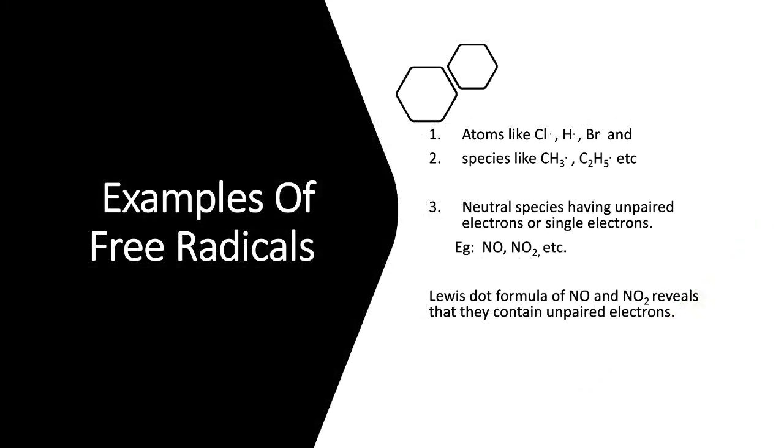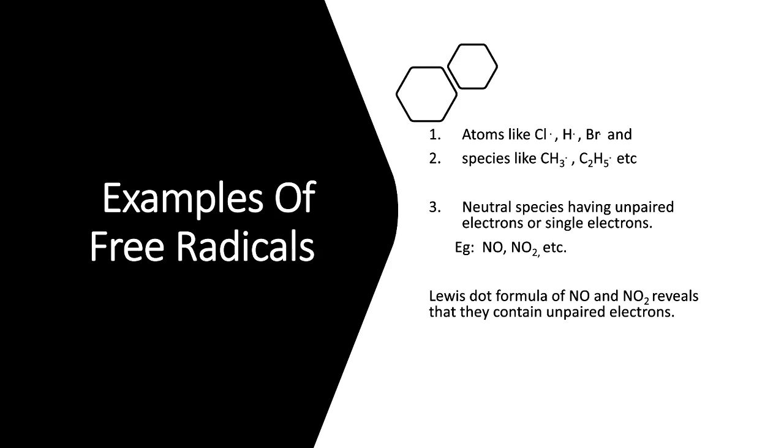Next, what are the different examples of free radicals? These are of two types. First type is atoms. Atoms like chlorine, hydrogen, bromine, oxygen, etc. They possess an unpaired electron, then they are known as free radicals.